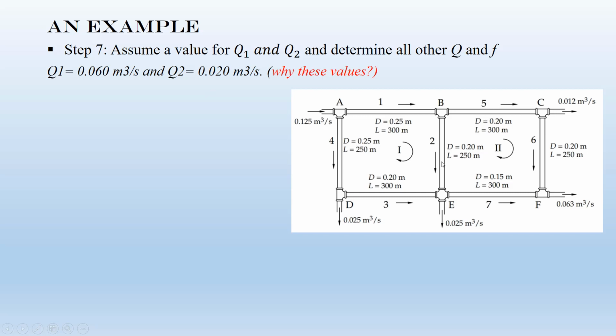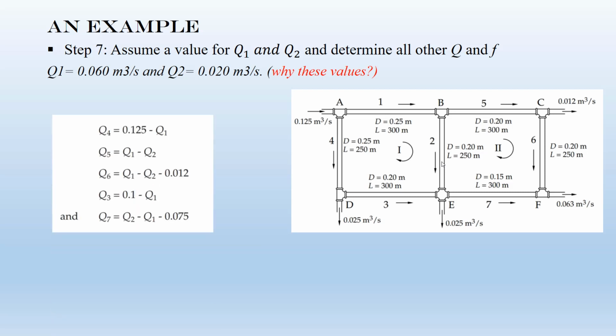So these are the initial values, and I started from these values. You have Q1, Q2. Now you can use the continuity equation to find Q3 through Q7. Right? You have this correlation. By this assumption, you can find Q3 through Q7. So let's go to the next slide.